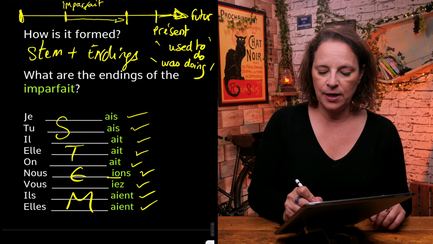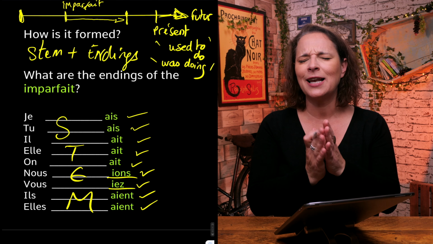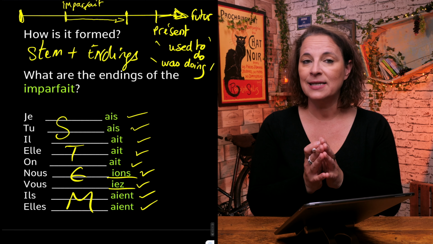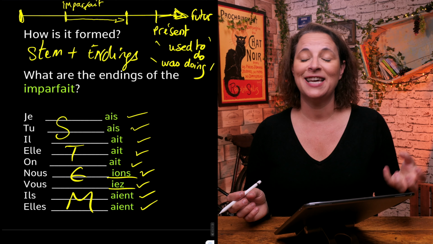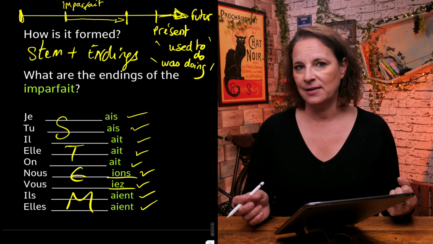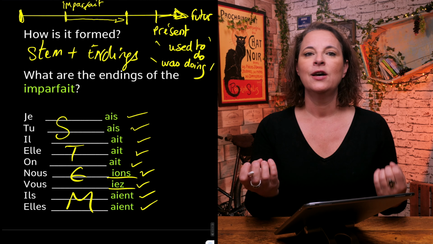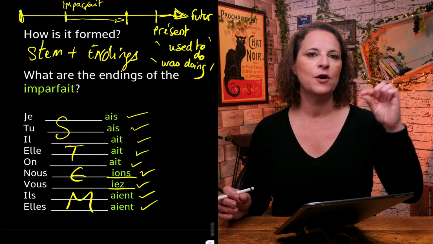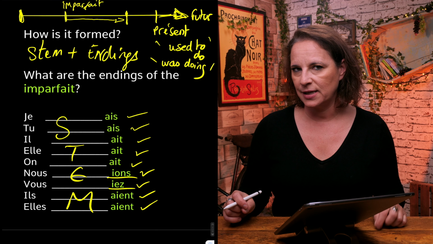Now, let's go back to ions quite quickly. If you did not have the i and kept the ending as ons, then it's a present tense: stem plus present tense for ER verbs. But we have talked about it in other practice videos.